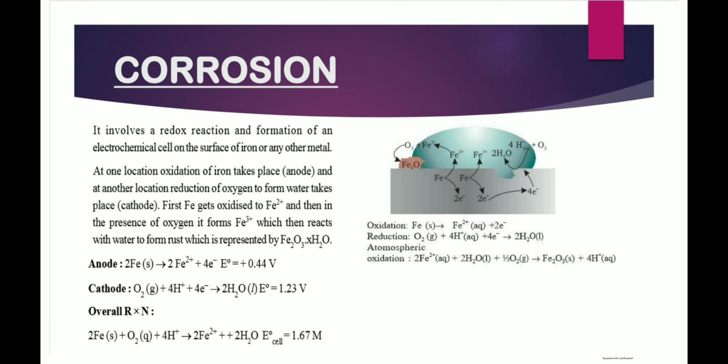In cathodic protection, the iron object to be protected from corrosion is connected to a more active metal either directly or through a wire. The iron object acts as cathode and the protecting metal acts as anode. The anode is gradually used up due to oxidation of the metal to its ions due to the loss of electrons.